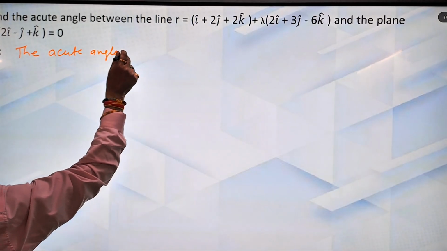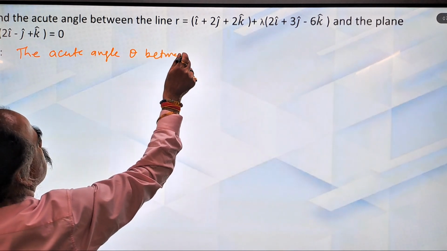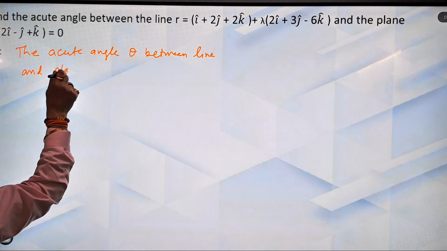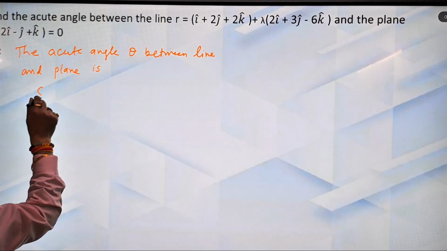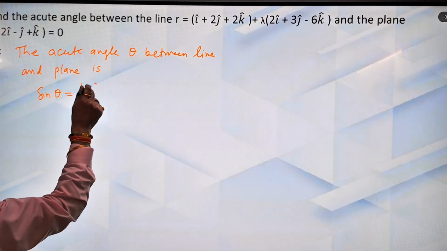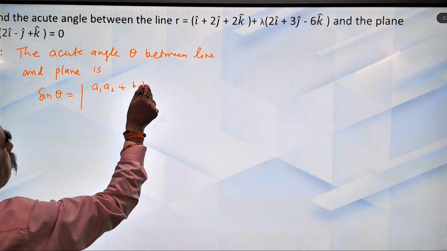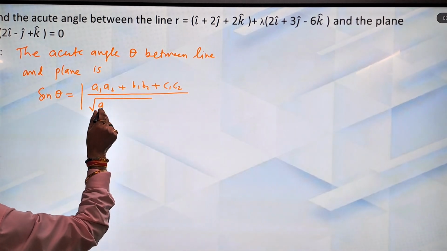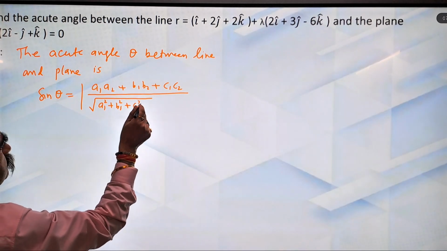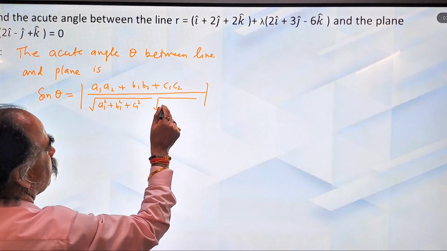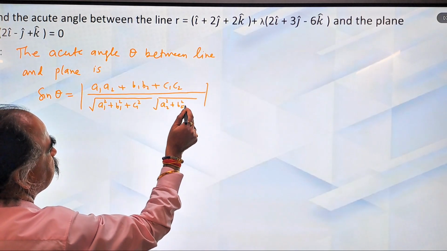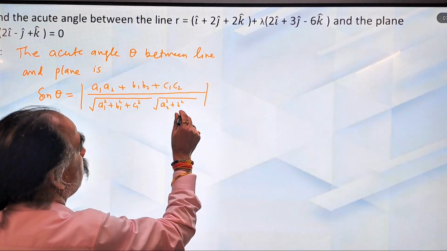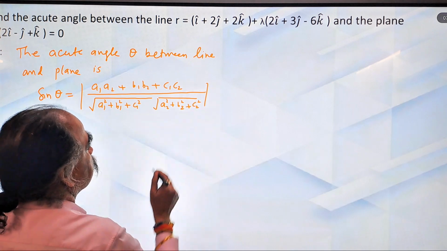The acute angle theta between a line and a plane is given by, instead of cos theta, sin theta, equal to (A1 A2 + B1 B2 + C1 C2) upon root of (A1 square + B1 square + C1 square) into root of (A2 square + B2 square + C2 square).